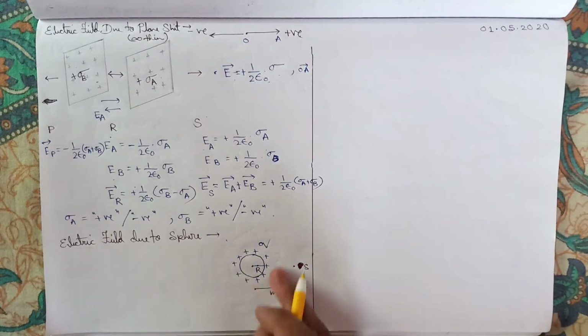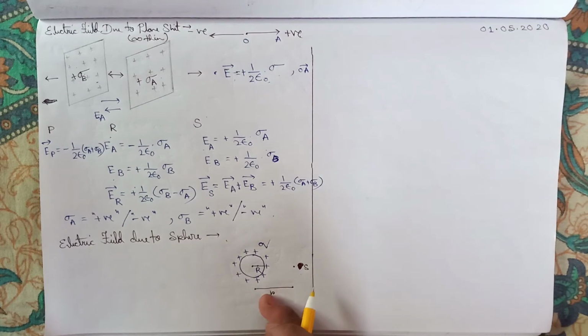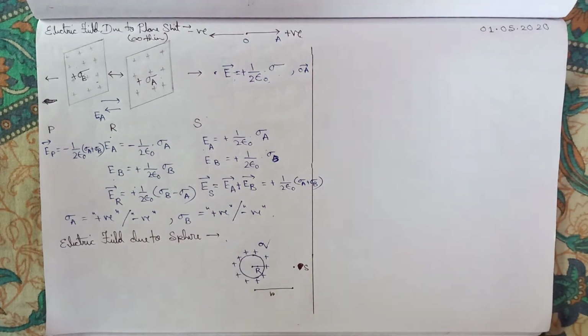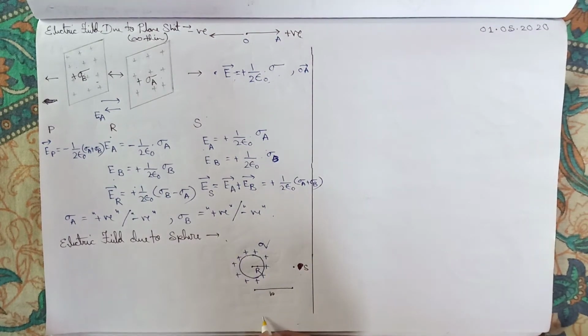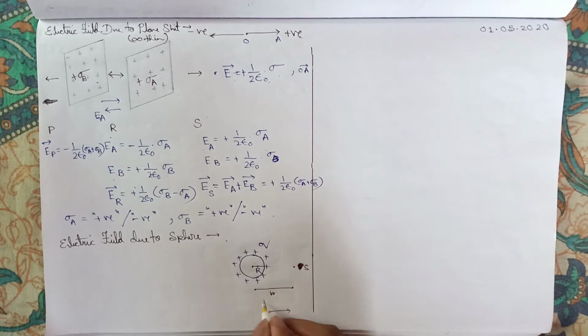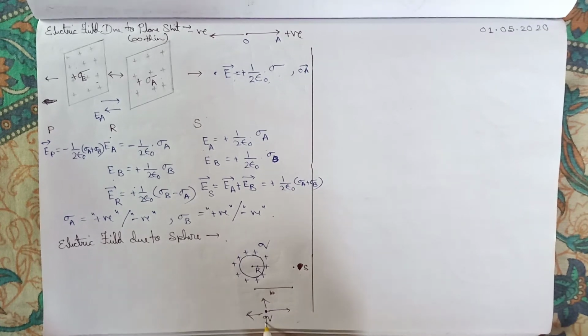For a spherical charge, we assume a Gaussian surface that is radially symmetric, which is also a sphere. First suppose there is a point charge. What will be the electric field distribution for this point charge Q? This is the electric field in all directions, right?